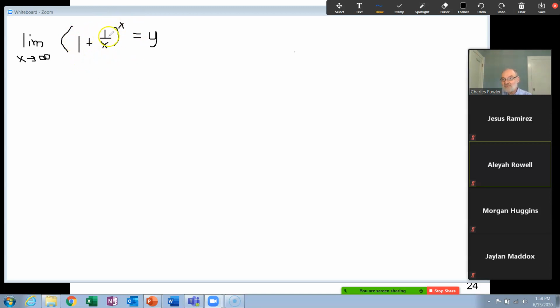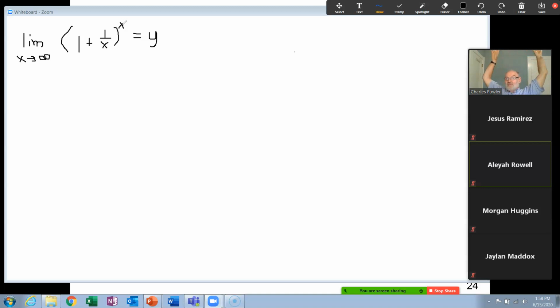First, this is an indeterminate form. As x goes to infinity, 1 over x is going to 0, so this is 1 raised to an infinitely large power. And it's not real clear what 1 raised to an infinitely large power is. On one hand, you might say, isn't that going to be 1? Because 1 squared is 1, 1 cubed is 1, 1 to the 17th is 1, 1 to the 500th is 1.